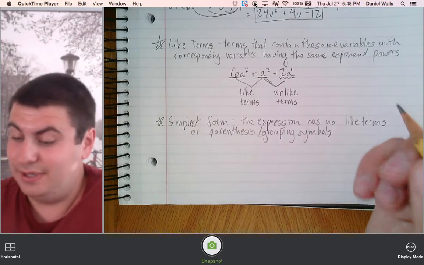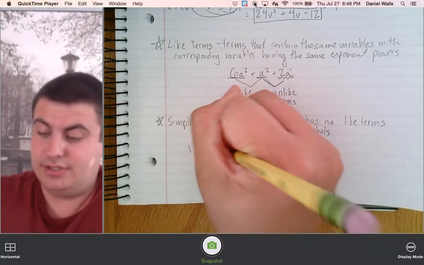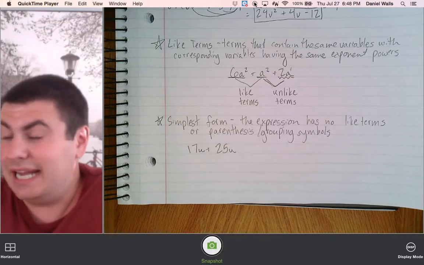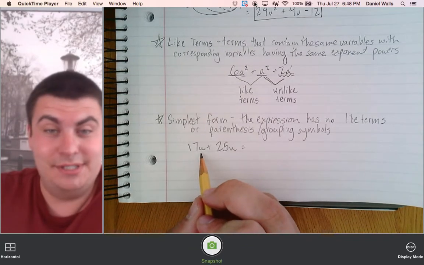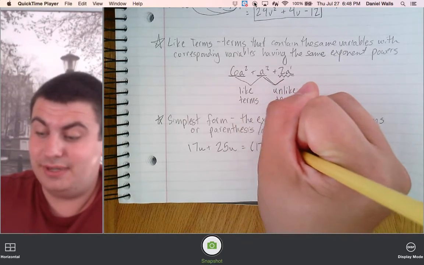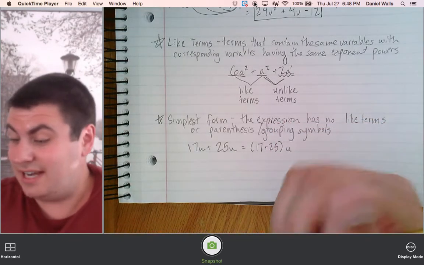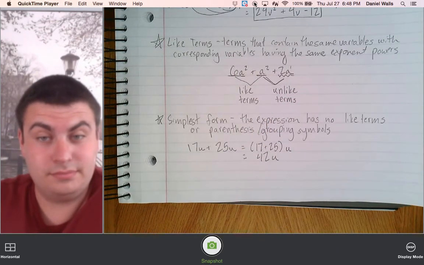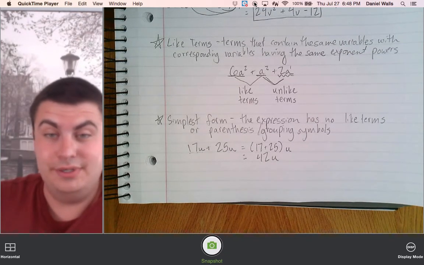For example, to simplify 17u plus 25u, we can use the opposite of distribution: 17 times u plus 25 times u, which we could write as 17 plus 25 times u. Add 17 and 25 and we get 42u. Or, knowing that with adding variables we add the coefficients, we get 42u.